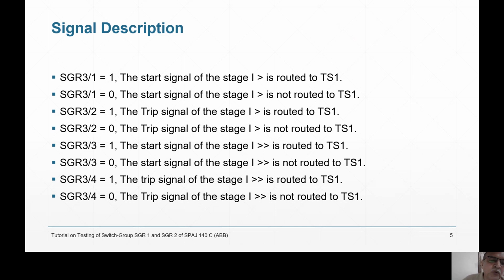But if SGR32 equal to 1, the trip signal I greater than is routed to TS1. There is some error in this typing.